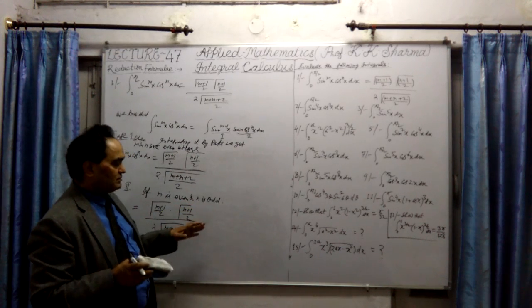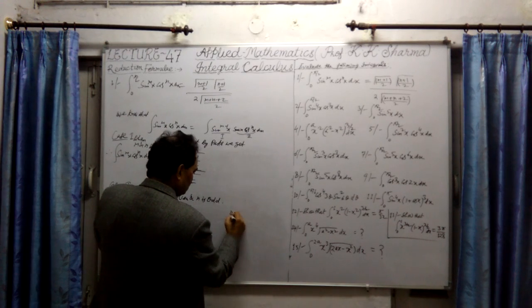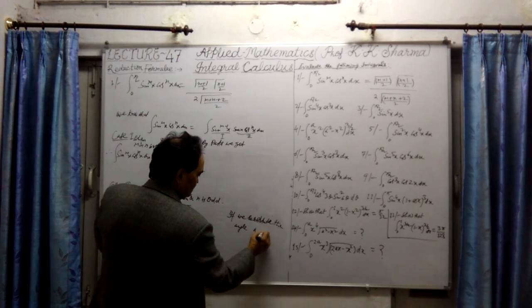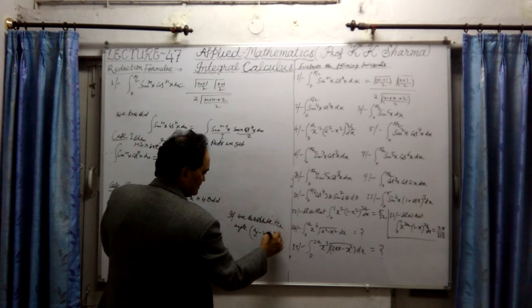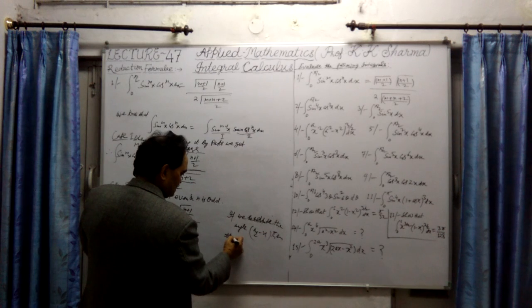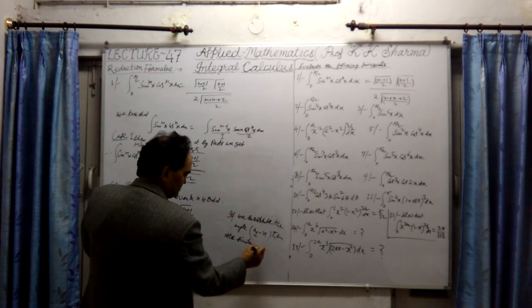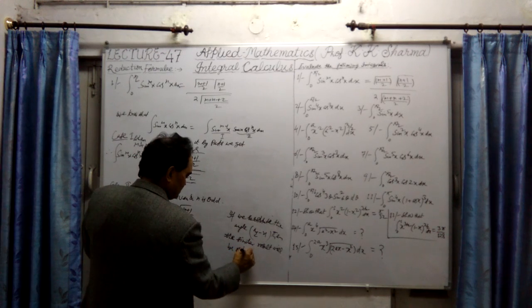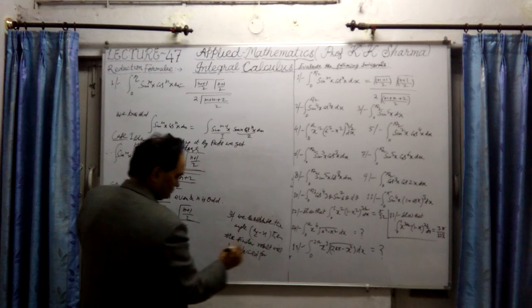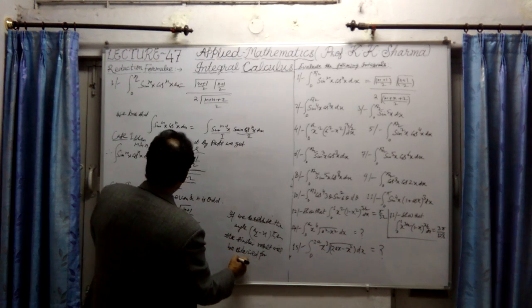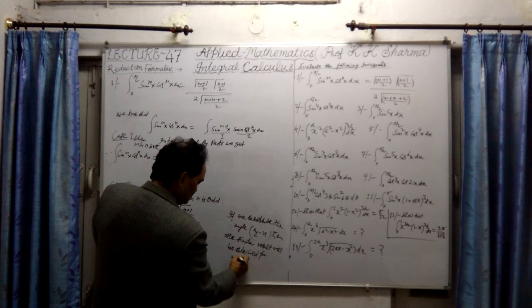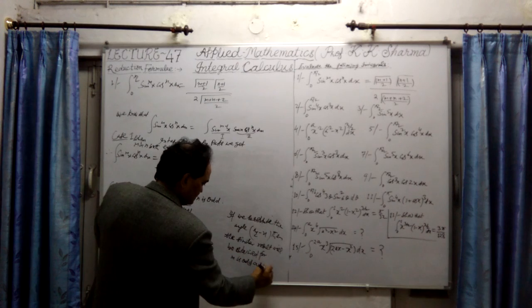Now if we substitute the angle as pi by 2 minus x in place of x, then a similar result will be obtained, similarly for when m is odd and n is even.